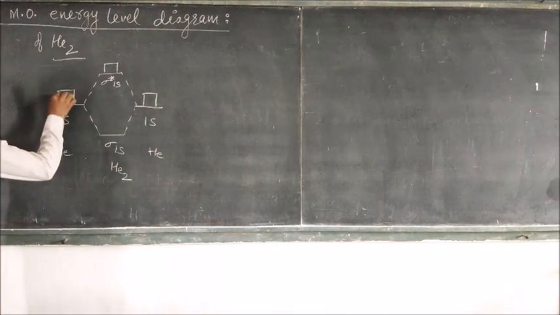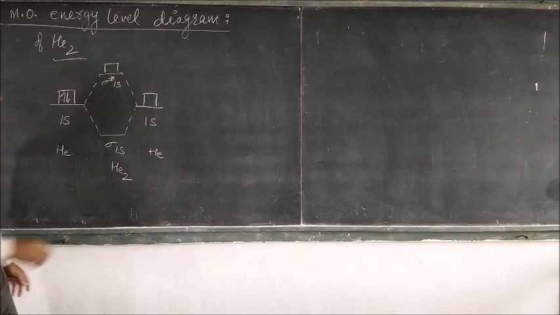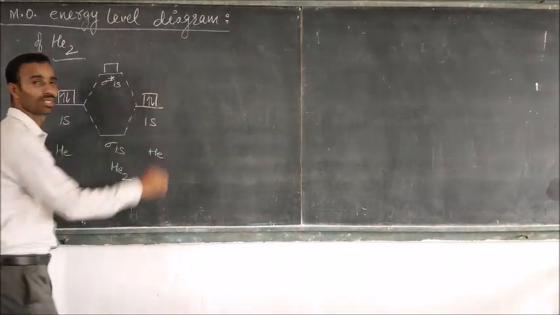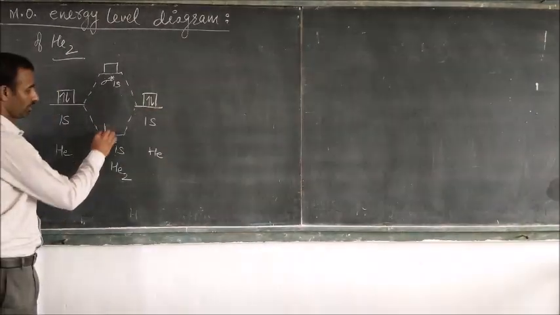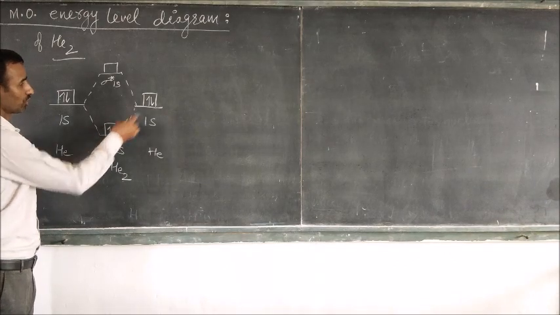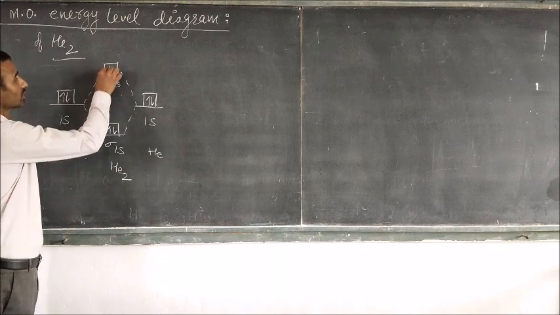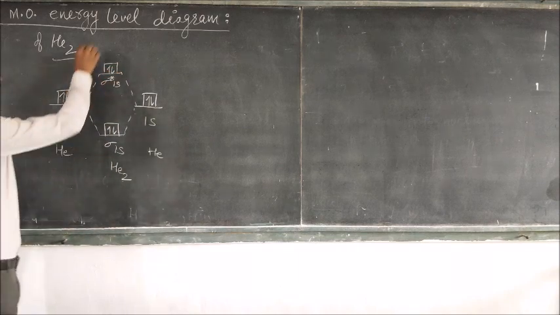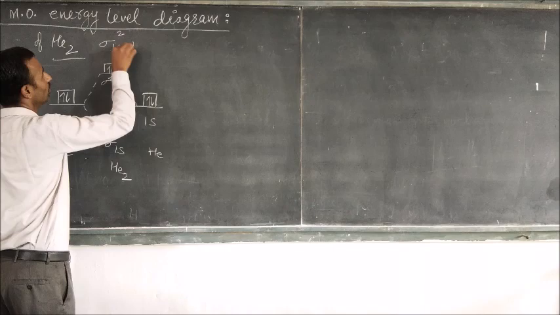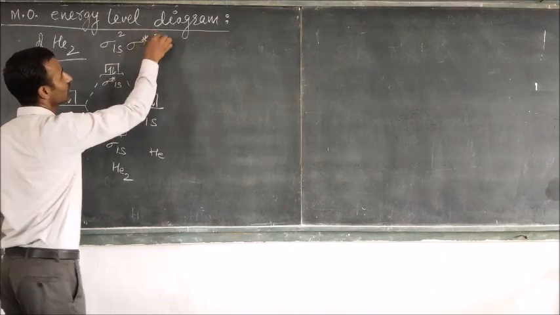Because there are a total of 4 electrons, it is sigma 1s2, sigma star 1s2.